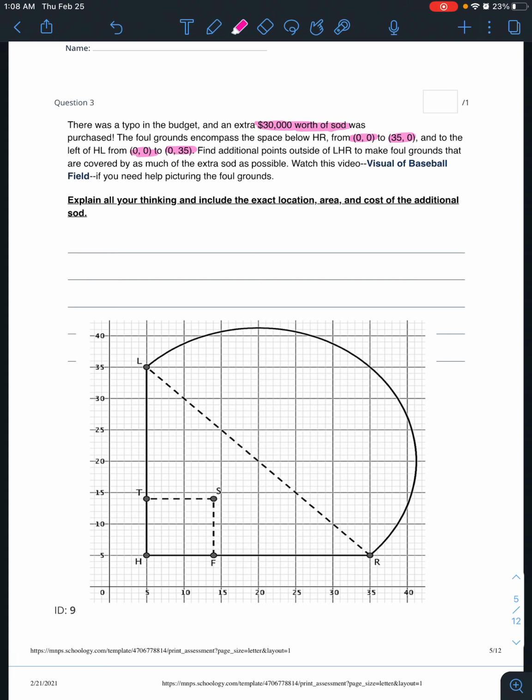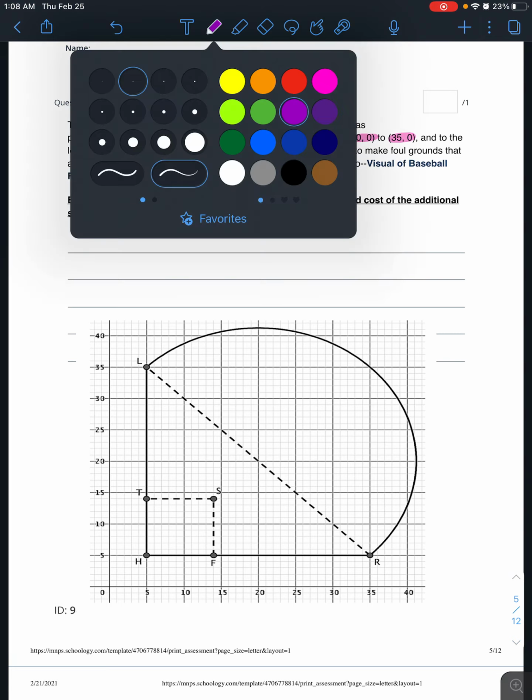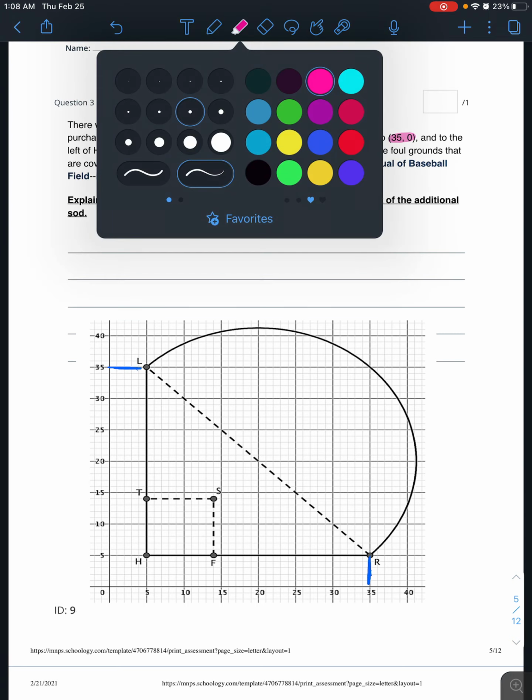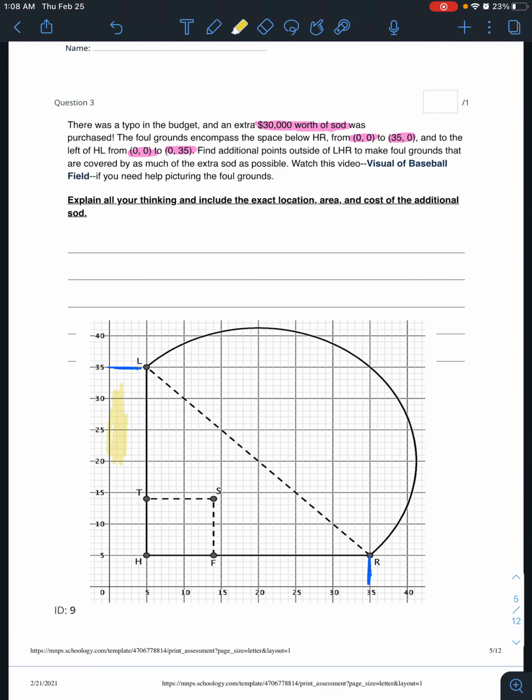And I think something that was confusing about that is all we're trying to do in this problem is fill up the area over here. So I want you to figure out how much it's going to cost to fill all this up. So that is one of the main intentions.